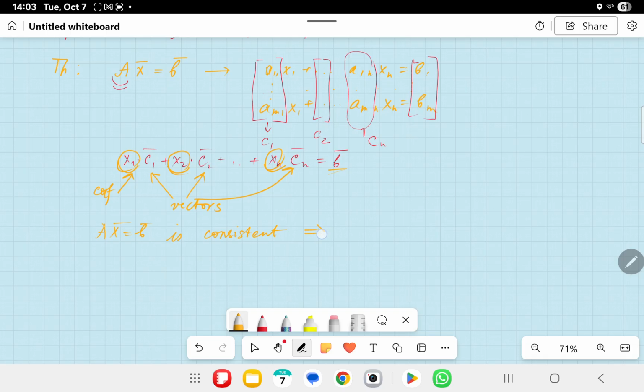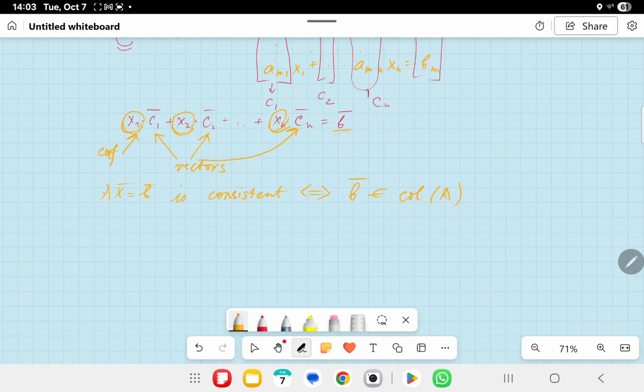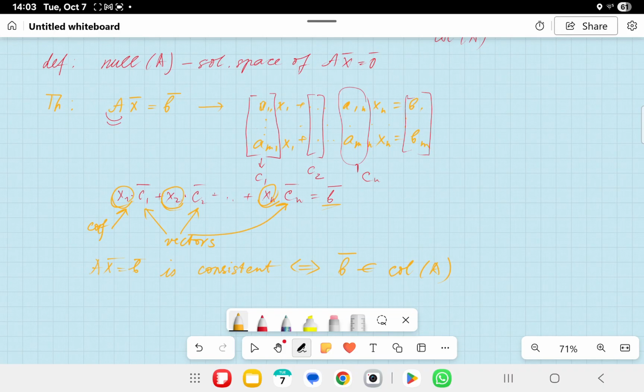It is consistent if and only if vector B belongs to the column space of matrix A. So vector B is actually a linear combination of vectors of the column space of the matrix. Well, that's basically the theorem and the proof of the theorem at the same time, right? I'm going to label this as theorem 1.